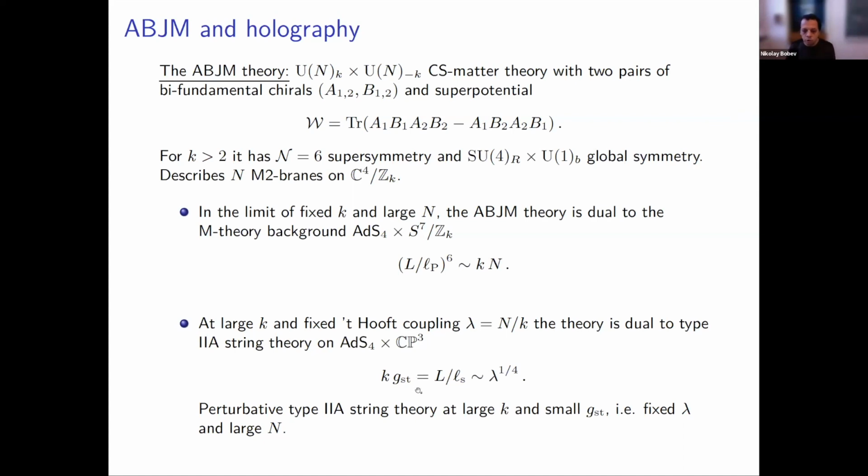And then you have a new parameter, the coupling of the string, g_string here, which is related to this lambda in this schematic way. And l_s is the usual length of the string. And so in this case, we can hope to make a connection with type IIA string theory in this limit. Good.